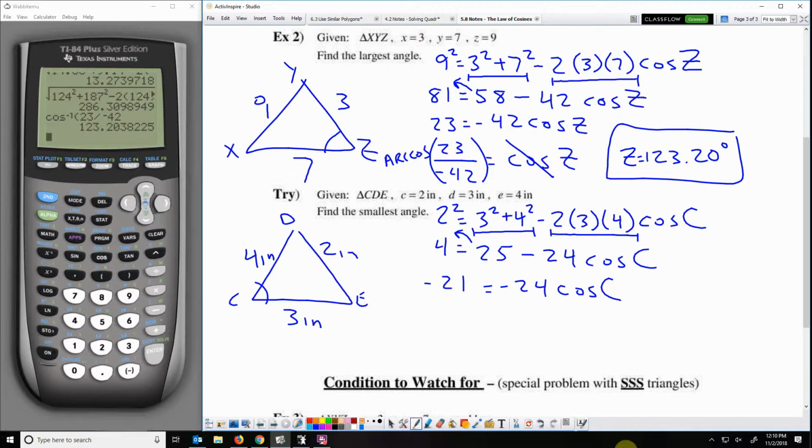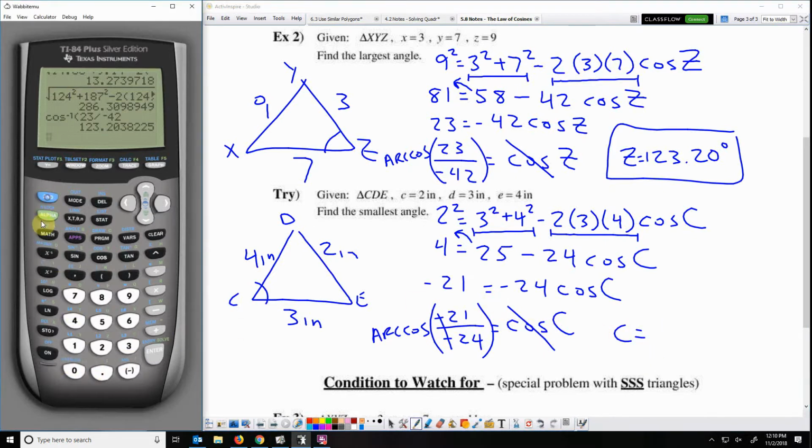You might find some shortcuts along the way, and that's okay. I can divide both sides by negative 24, so I've got negative 21 over negative 24 equals cosine C. And I can cancel out those negatives, so I've just got 21 over 24. And to get rid of that cosine, I can do its inverse, arc cosine, on the left side.